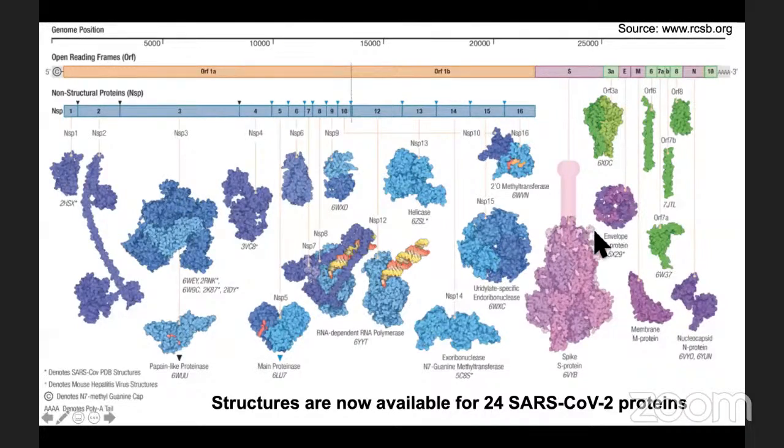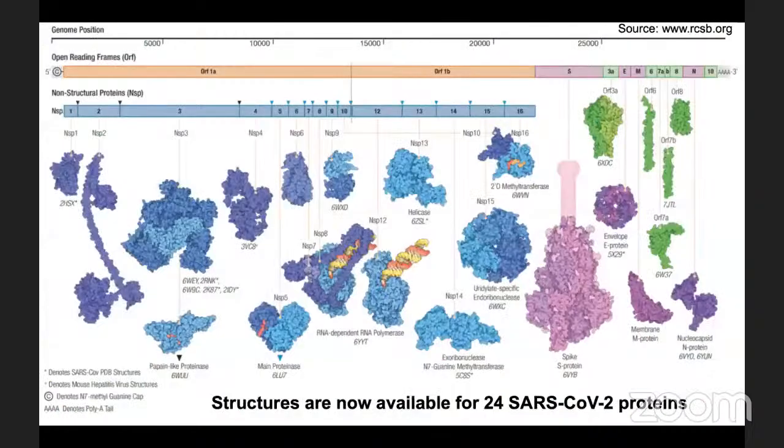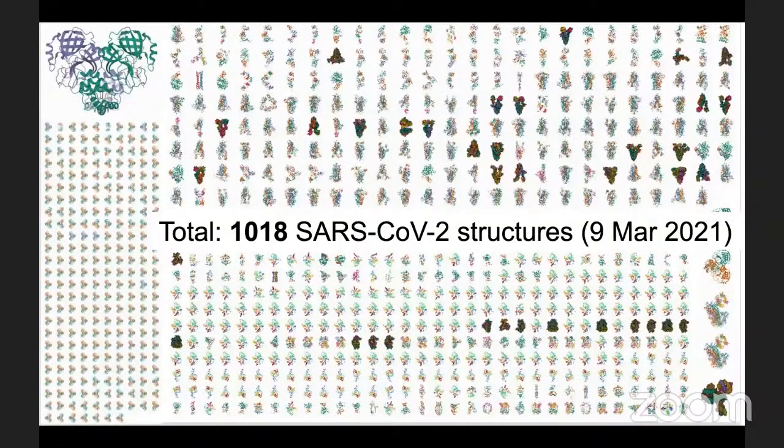And in total, there are actually 1,018 SARS-CoV-2 structures. What I mean by that is that there are 24 proteins, but those 24 proteins are represented by maybe 1,000 over structures. This is because some of these proteins are the exact same thing, but maybe have different ligands.